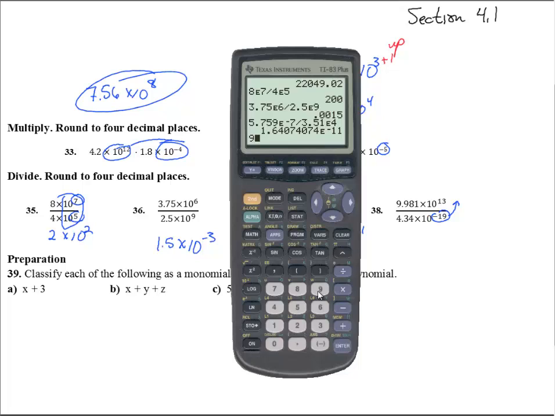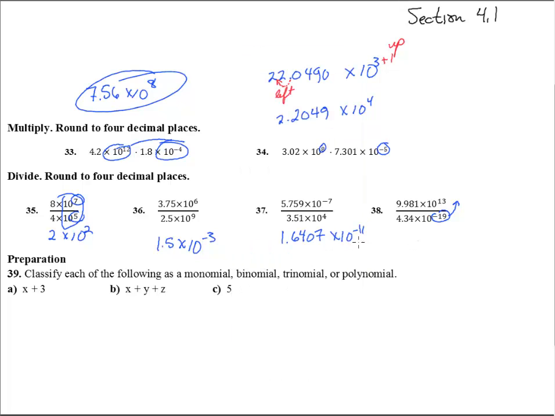So let's punch it in. 9.981 times 10 to the 13th power divided by 4.34 times 10 to the negative 19th power. Well, yep, there it is. So we get 2.2998 times 10 to the 32nd power.